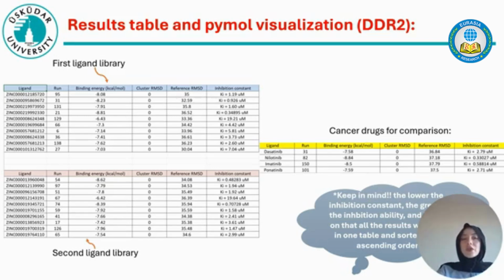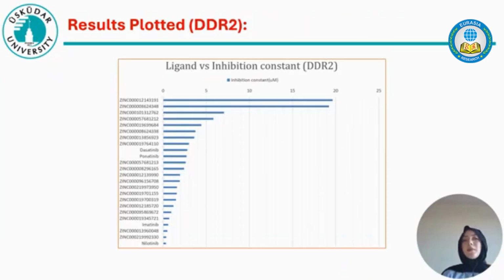We need to know that the inhibition constant always needs to be as low as possible to have the highest inhibition ability, which is necessary here. So then after I put them all in one table and sorted them, I put them in a plot. Here we see that the ones at the bottom are the ones with the highest inhibition ability and the lowest inhibition constant.